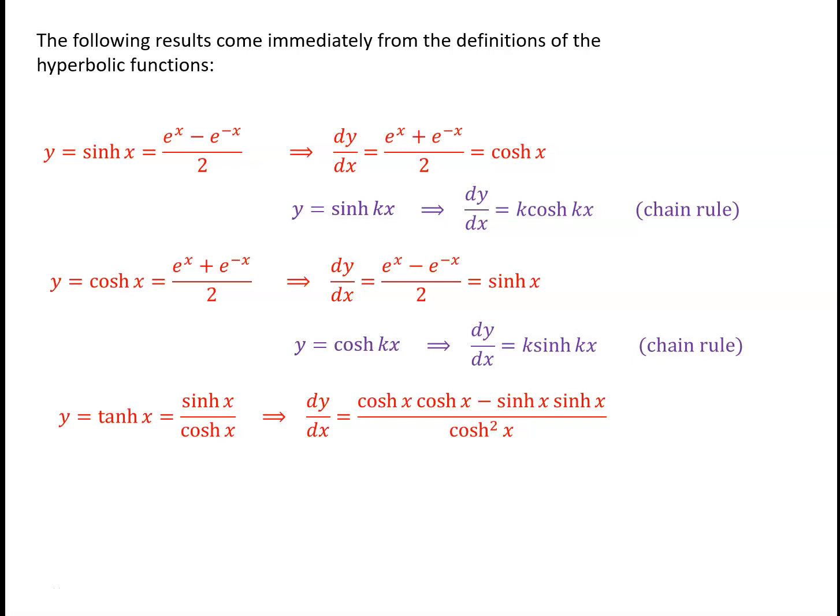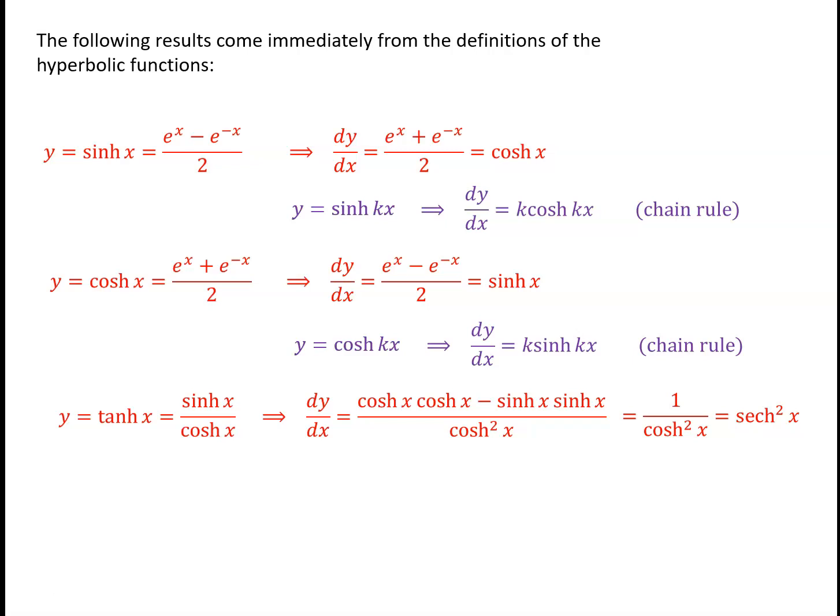So we get dy by dx equals cosh squared x minus sinh squared x over cosh squared x. But we know that cosh squared x minus sinh squared x is always equal to 1. So we've got dy by dx is 1 over cosh squared x.